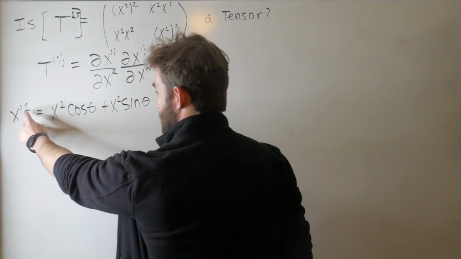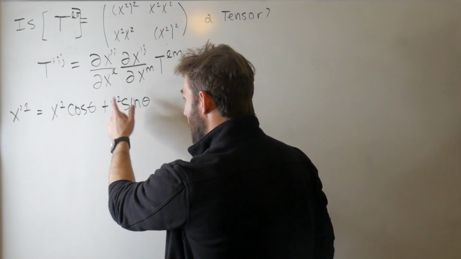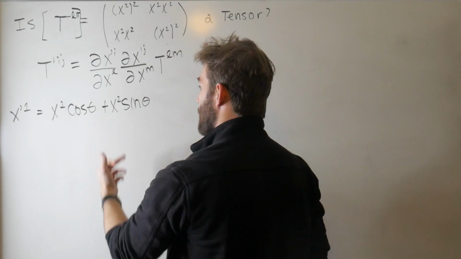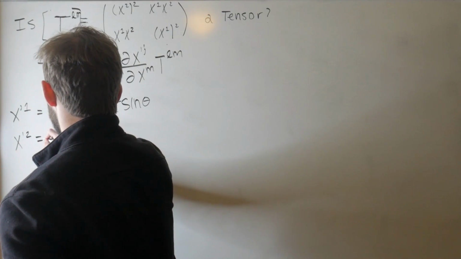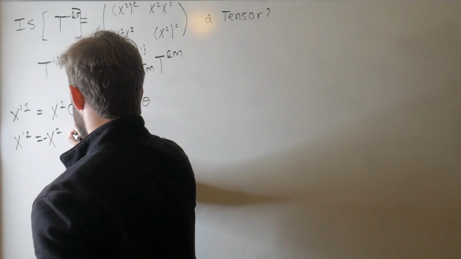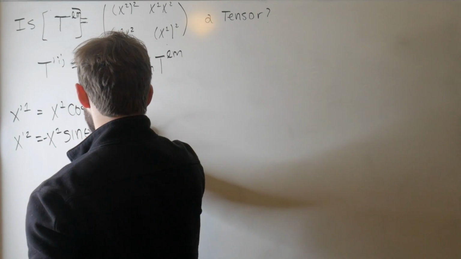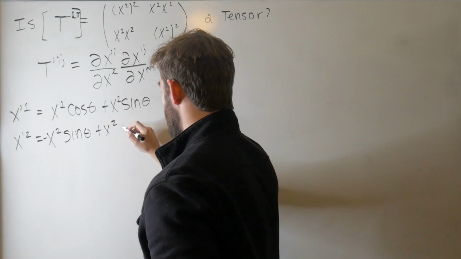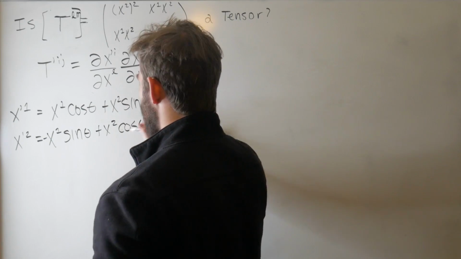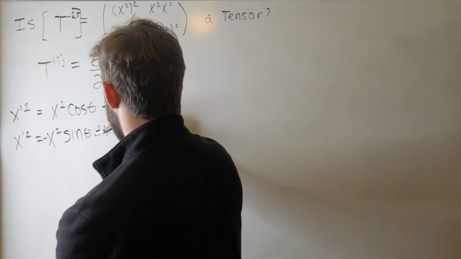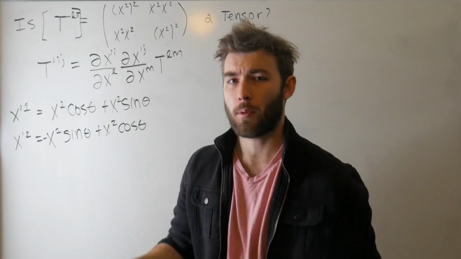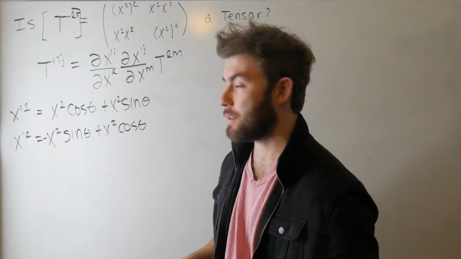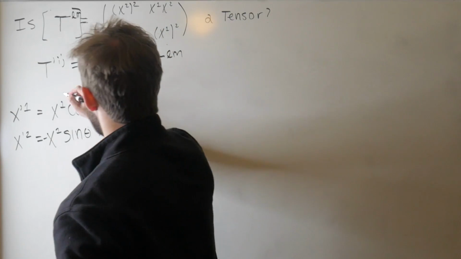And x1 is just x, x2 is y. And x prime 2 is equal to minus x1 sine theta plus x2 cosine theta. You may have seen the signs swapped for these two terms here. One just corresponds to a rotation clockwise, one corresponds to counterclockwise, so it doesn't actually matter. So this is our rotation.